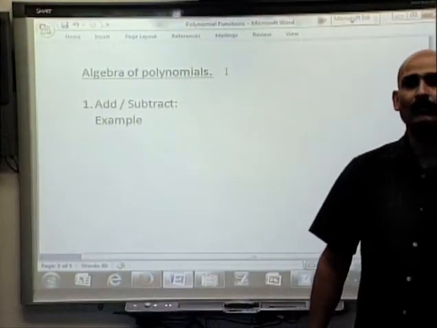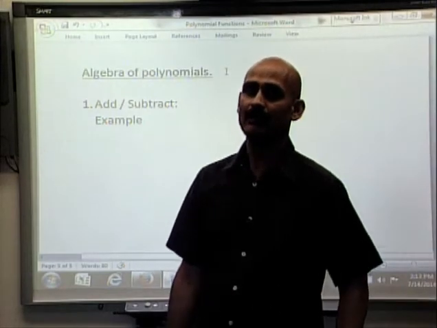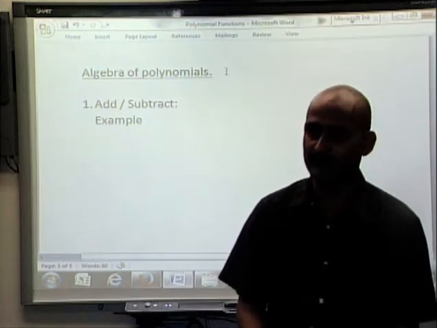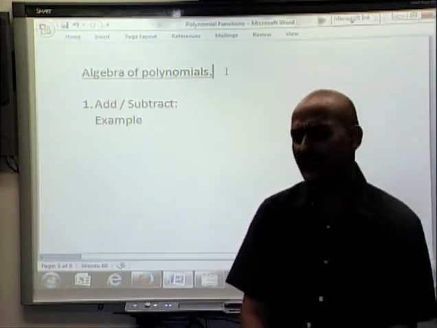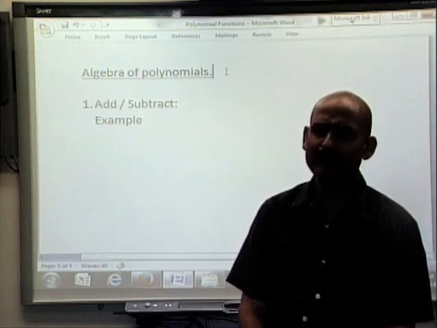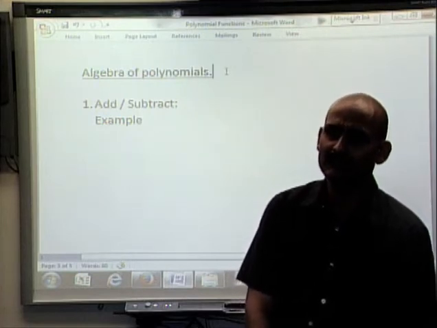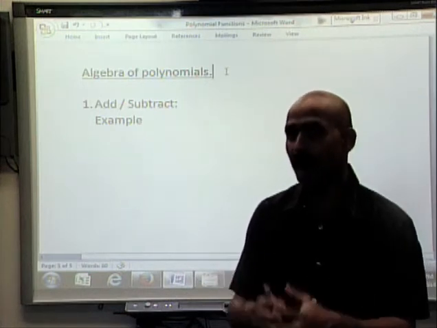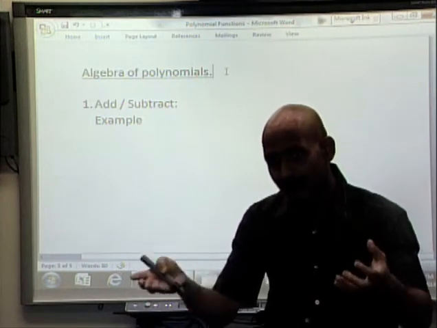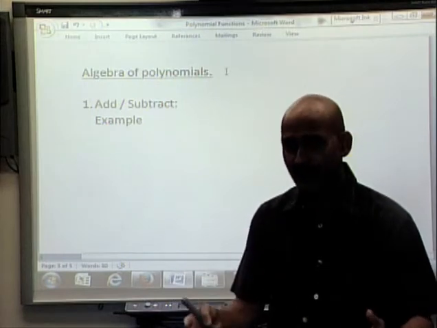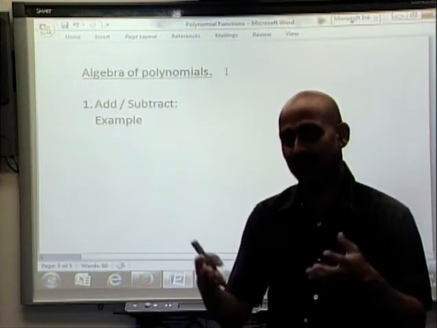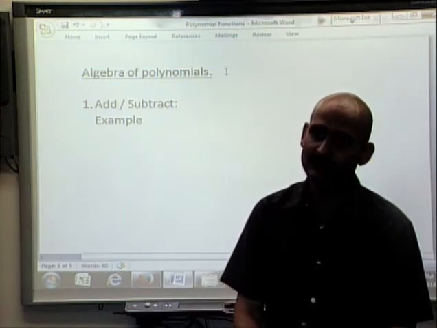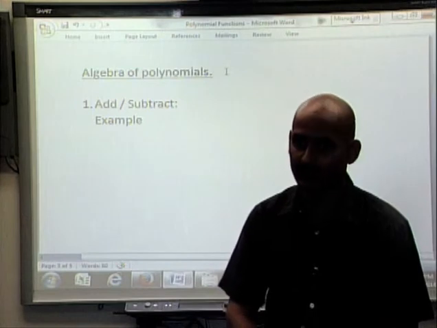Okay, now we will talk about algebra of polynomials, or algebra on polynomial functions. By saying algebra, we basically mean four elementary math operations: how to add polynomials, how to subtract polynomial functions, how to multiply polynomial functions, and how to divide polynomial functions.